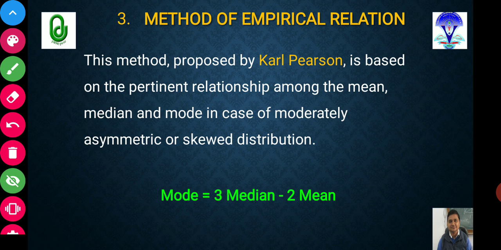Now the method of empirical relation. Karl Pearson had given a relationship between the mode, median and mean. He said that mode should be equal to 3 median minus 2 mean.